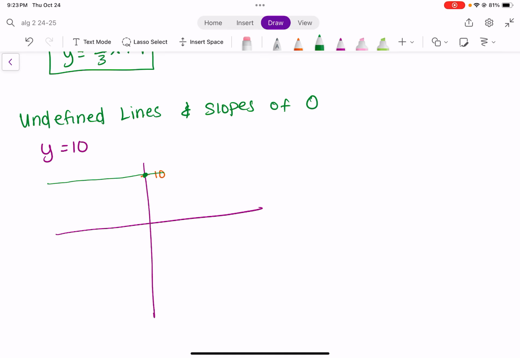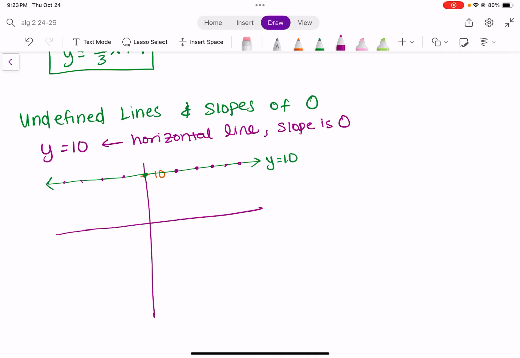So it's going to give me a horizontal line, because no matter what point on the graph you have, the y value is always 10. The slope is 0, because technically I could write this as y equals 0x plus 10, but I don't need that 0x. So this just becomes y equals 10.